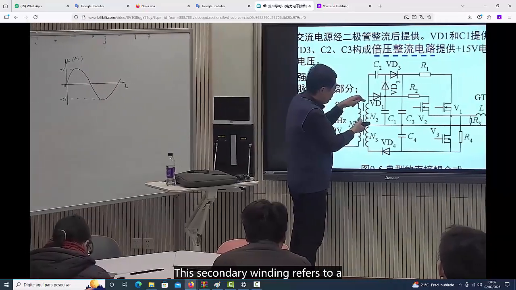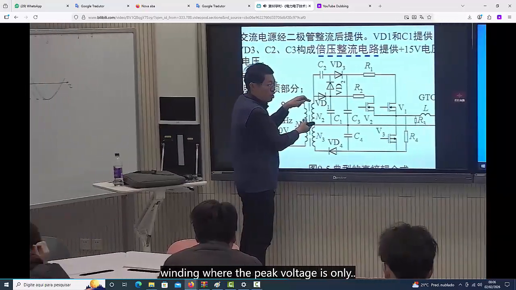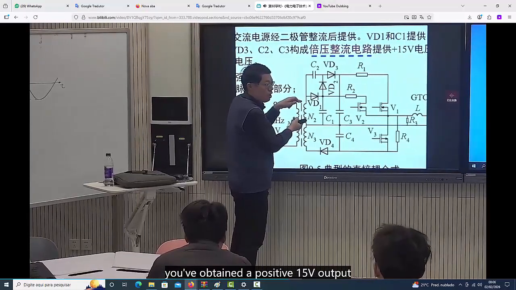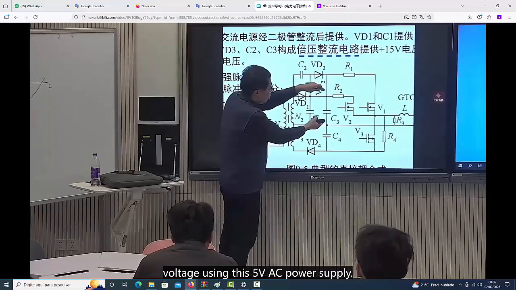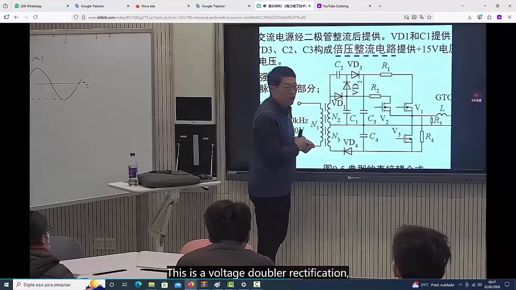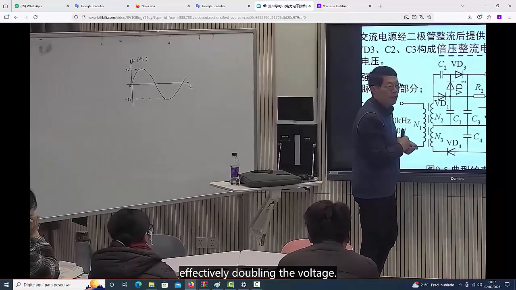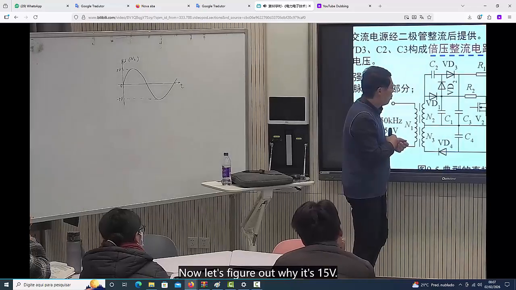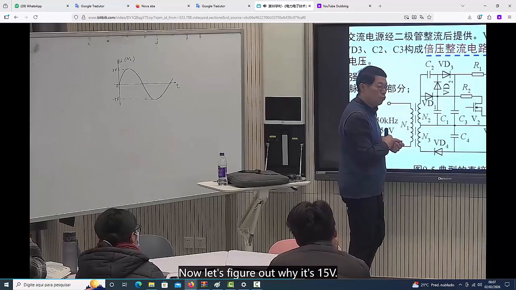This secondary winding is a winding where the peak voltage is only 5 V. However, you've obtained a positive 15 V output voltage using this 5 V AC power supply. This is a voltage doubler rectification, effectively doubling the voltage. In fact, it's tripled. Now let's figure out why it's 15 V.